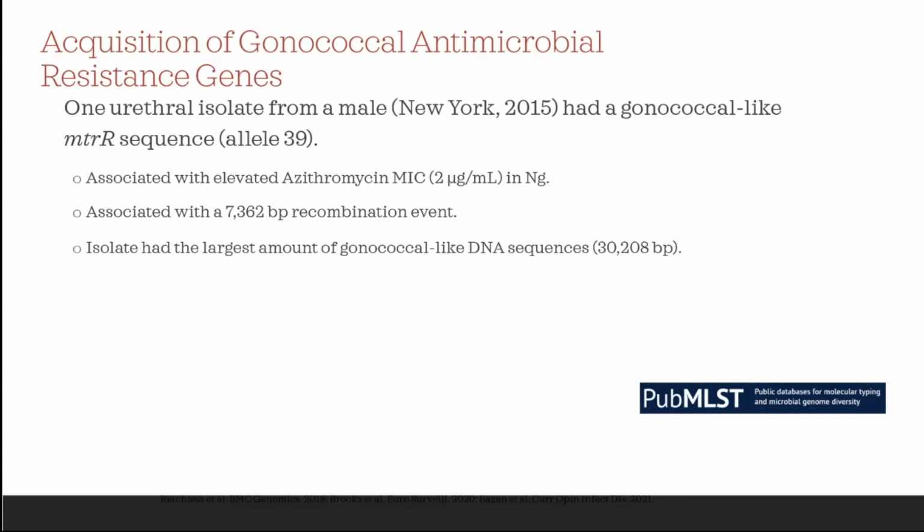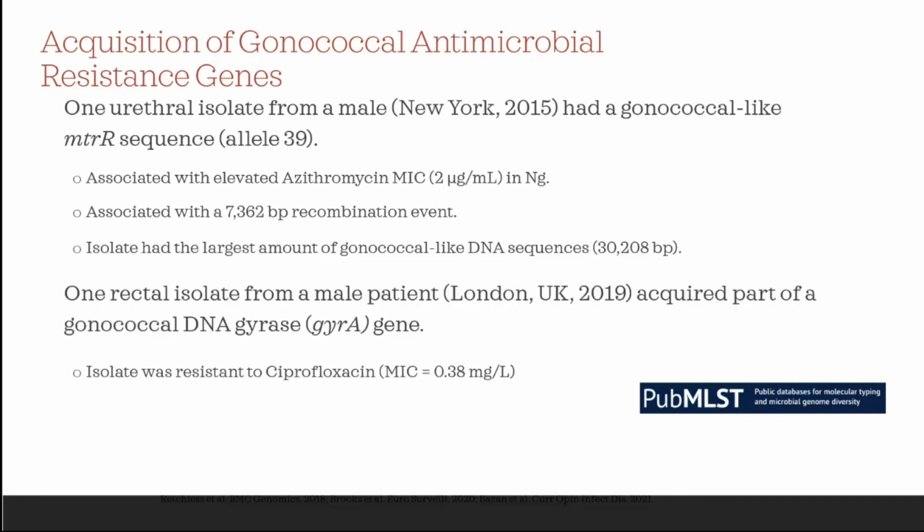One urethral isolate from a male in New York had the gonococcal-like mtr sequence associated with azithromycin resistance, and with this particular recombination event, a rectal isolate later identified from London in 2019 had also acquired a gyrA gene, and the isolate was resistant to ciprofloxacin.